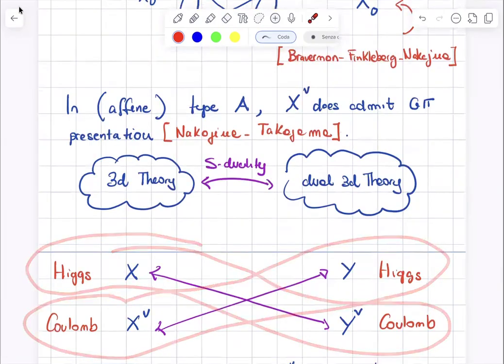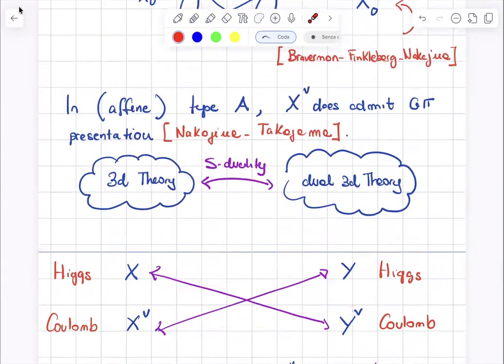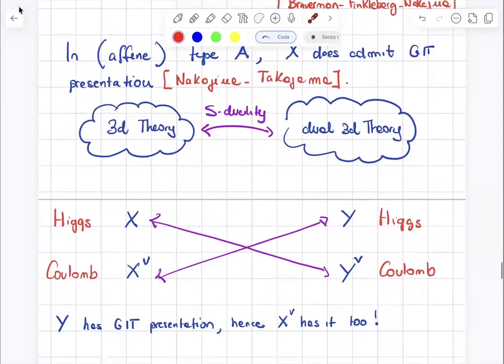And usually Higgs branches do admit GIT presentations, so if one understands symplectic duality, one can transfer the GIT presentation from one side to the other. I think that's more or less what motivates the work of Nakajima and Takayama.